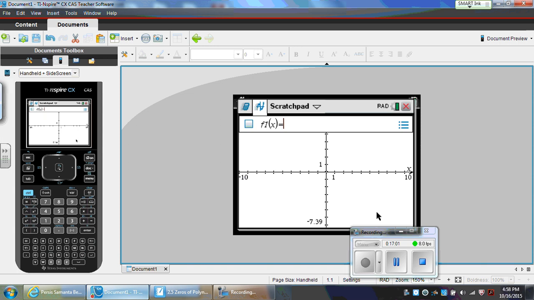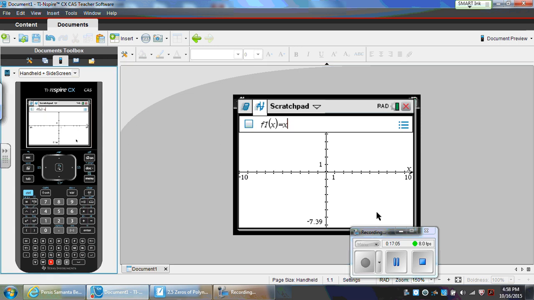And so the polynomial is x to the third power plus 2x squared minus 5x minus 6.